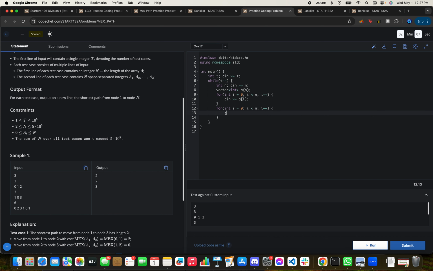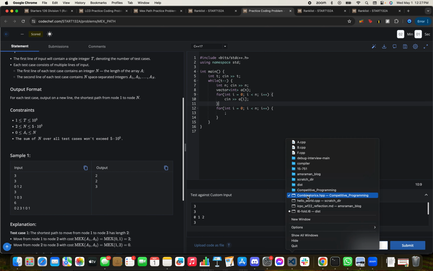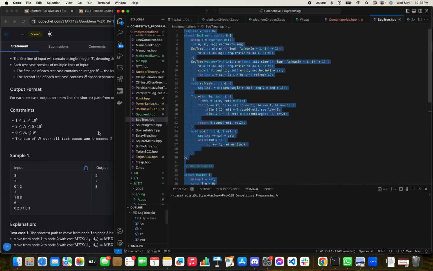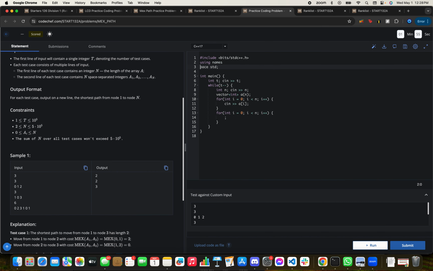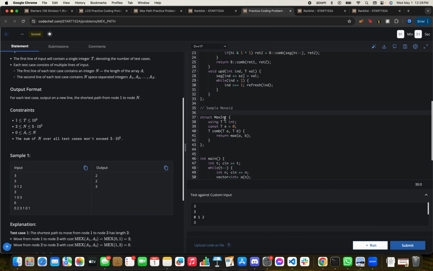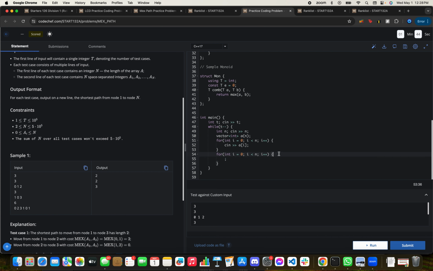Now we actually want to compute this thing, right? So I guess it makes sense to start something. Actually, you don't really need DP, you just need a seg tree, right? What this would be is just a max seg tree, right? So yeah, that's fine.